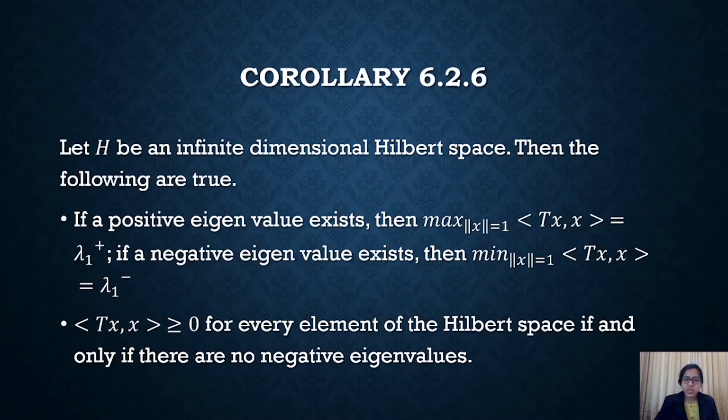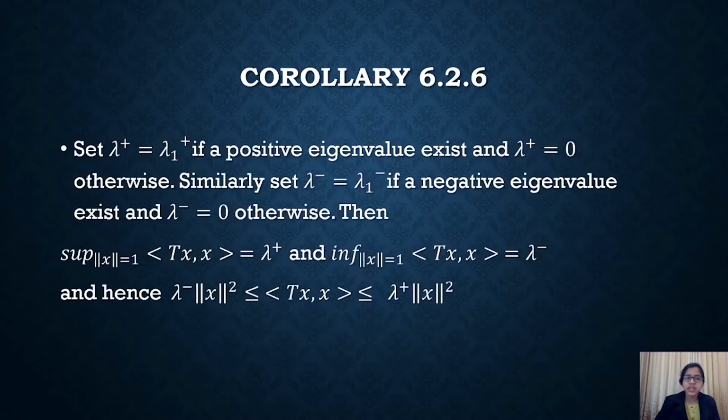Now there is one more thing in this corollary. Instead of lambda 1 plus, I'm just going to simply consider lambda 1 plus equal to lambda plus and lambda 1 minus equal to lambda minus. So set lambda plus equal to lambda 1 plus if a positive eigenvalue exists, and lambda plus is 0 otherwise.